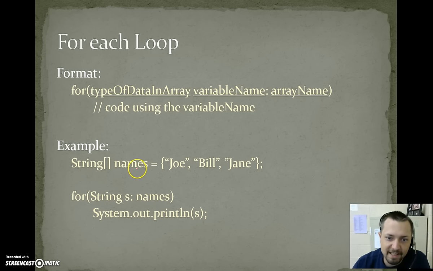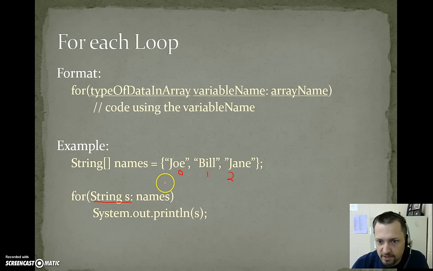String bracket bracket names equals Joe, Bill, Jane. So notice I say String s colon names. How this for loop is going to work, it's going to go through the array from start to finish. Each time the loop runs, s will be a different element from names. So the first time, it's going to grab the first item.